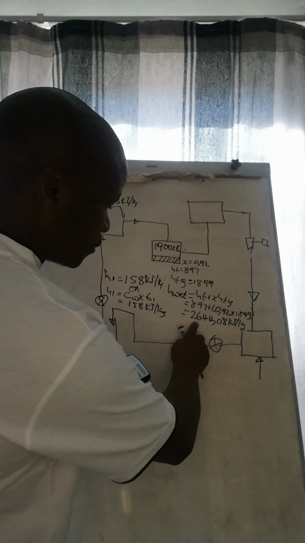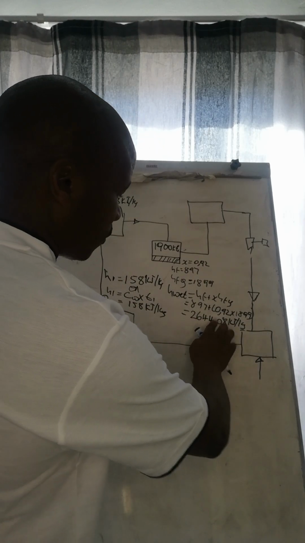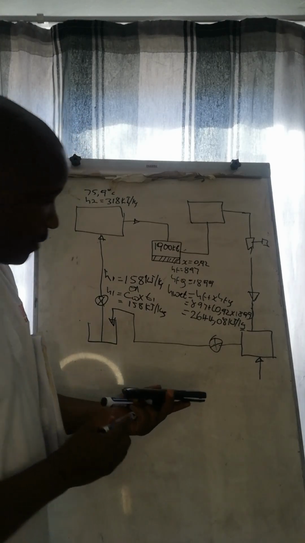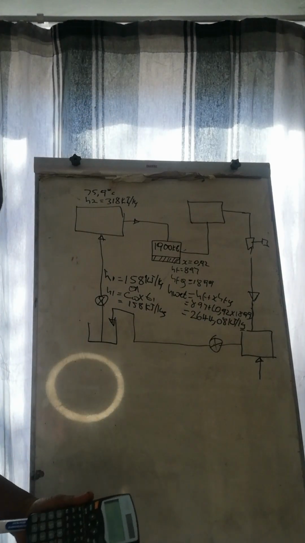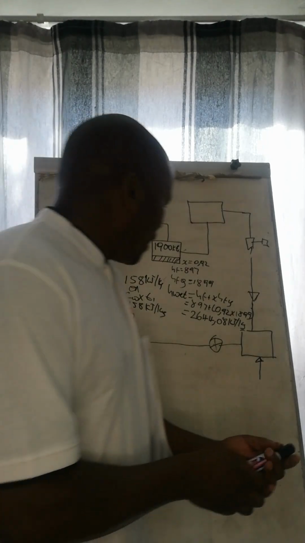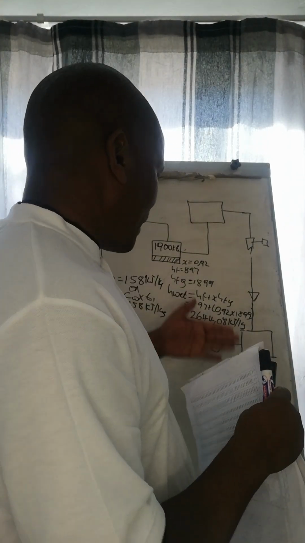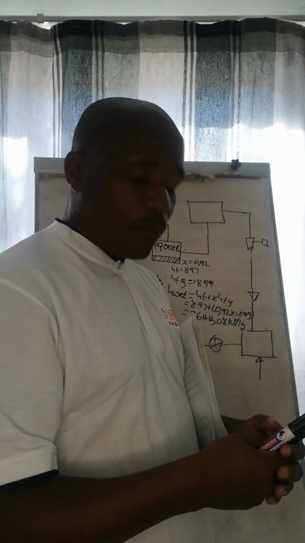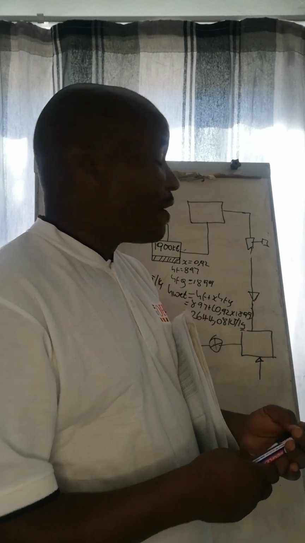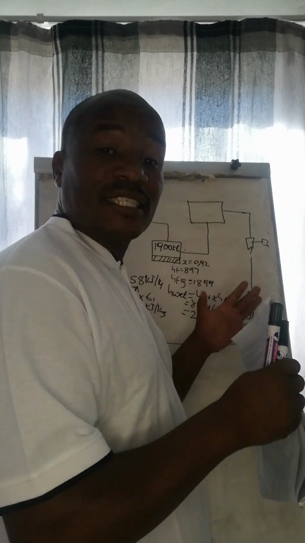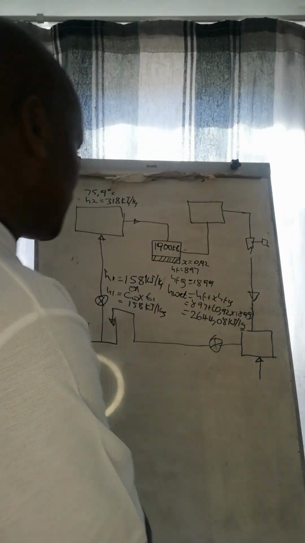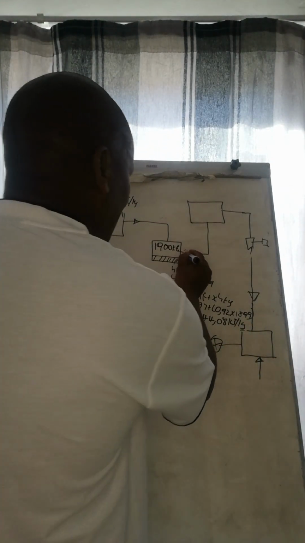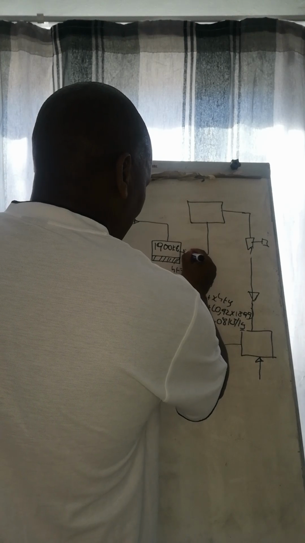Even if you just say 2644 kilojoules, that's fine. Why? Because after the comma it's a very, very small value. Normally we call this part the elementary, done in schools and universities. In practice, we normally estimate. Okay, this is the steam there at the outlet.